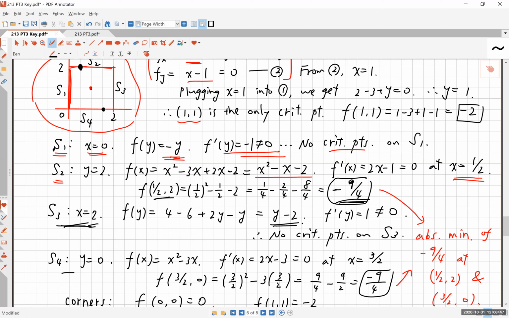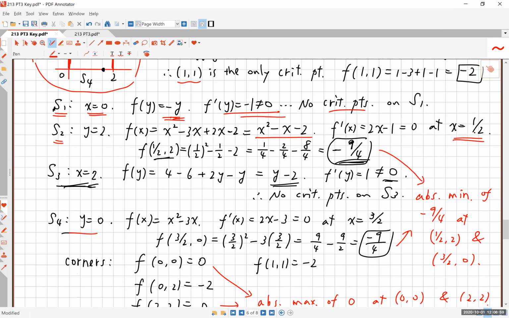Take the derivative, set that equal to 0. And you find out it's never 0. So there are no unusual or strange points on this. But on S4, again, you find when y is equal to 0, you have this function, whose derivative becomes 0 at 3/2.